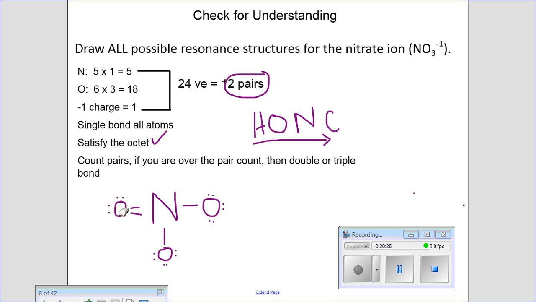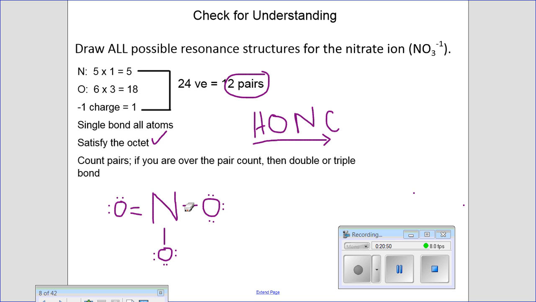Good. My octets are fine now that I've made this switch with adding a double bond and taking away 2 pairs. Then let me do my pair count. I need 12. I was at 13. So I have 1, 2, 3, 4, 5, 6, 7, 8, 9, 10, 11, 12. Perfect. I have my Lewis structure.